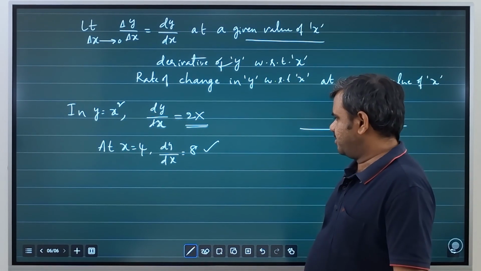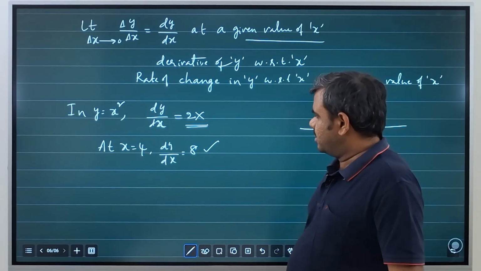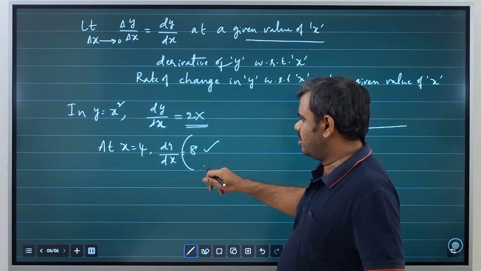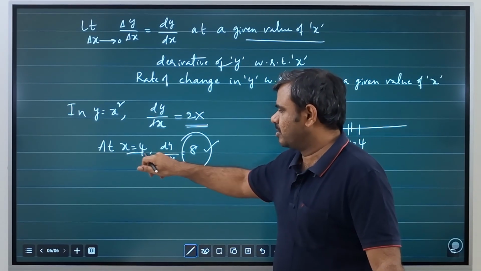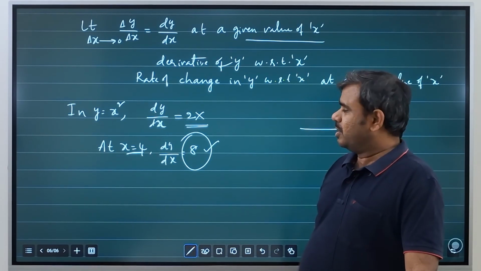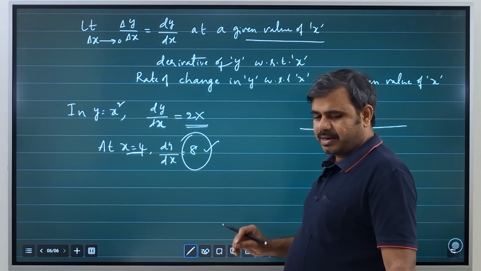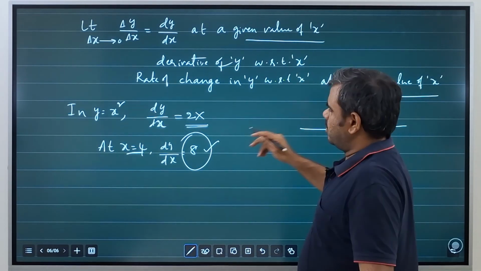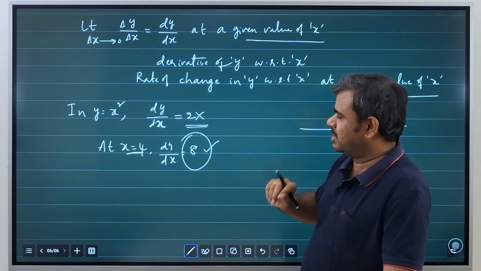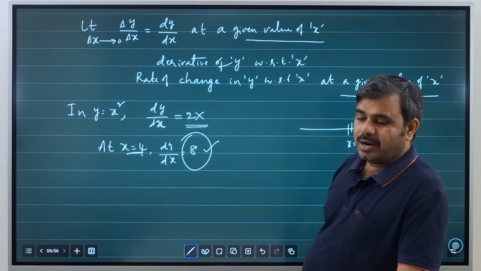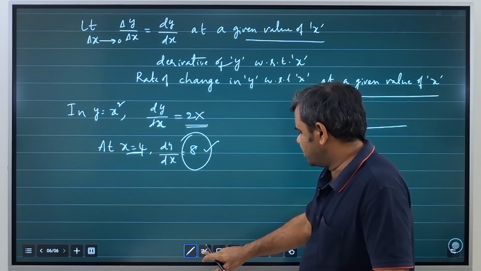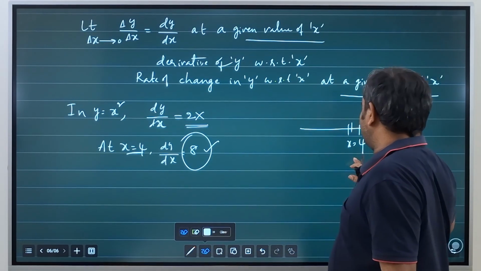That's what it means. So we say the rate of change in y with respect to x is equal to 8 at x is equal to 4. We also say this is the rate of change in y with respect to x at a given value of x. In this case, the given value of x is 4. Or we call this the rate of change in y with respect to x at an instantaneous value of x.